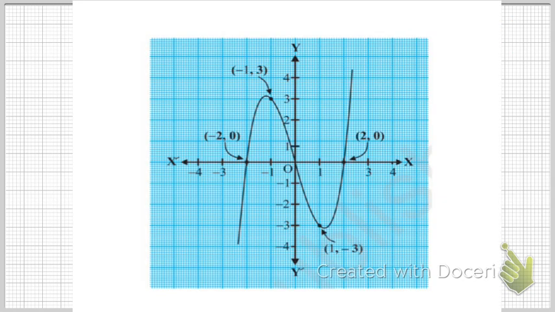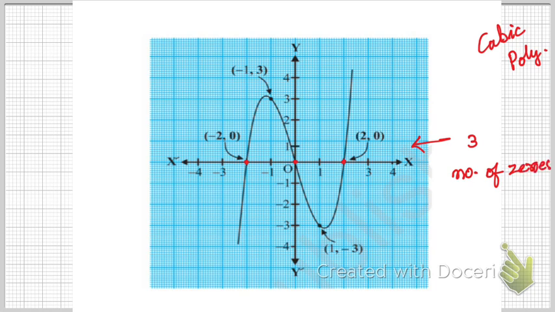Now coming to the graph of a cubic polynomial. In this graph you will see that the x-axis is being cut at 3 different points. So here the number of zeros will be 3. Okay, so it's very clear.